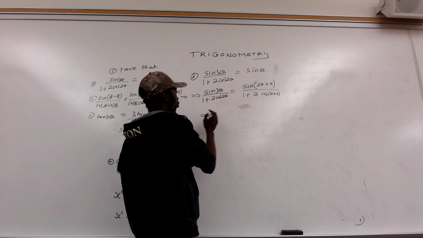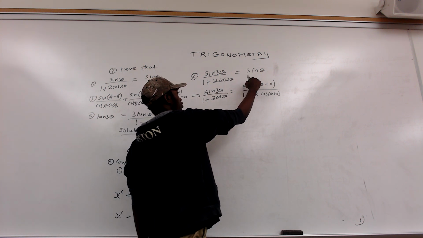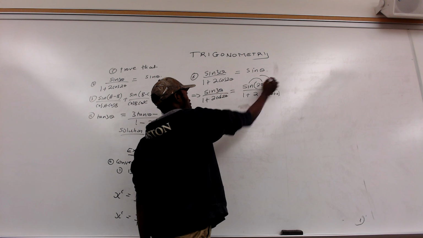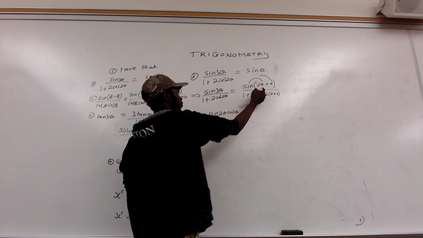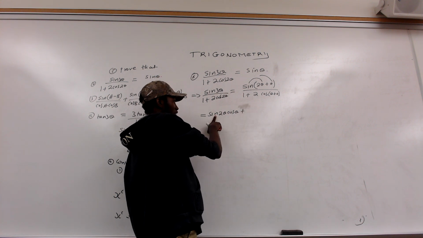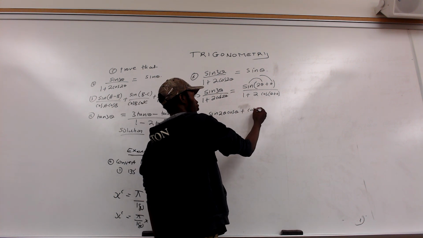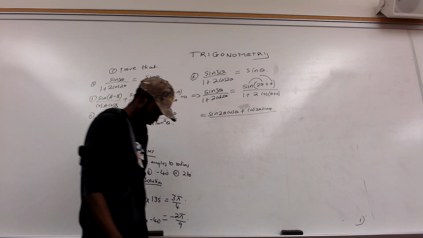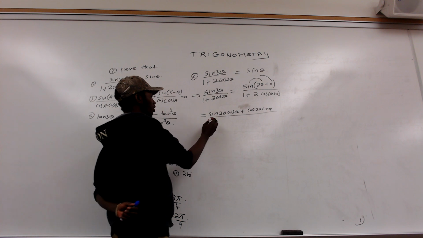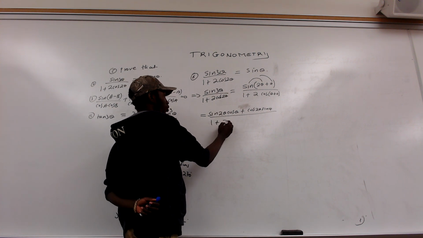So if we move forward, this now is going to be sine 2 theta cos theta plus, since we start with sine, now we start with cos 2 theta sine theta, divided by, we consider also the denominator, which is 1 plus 2.